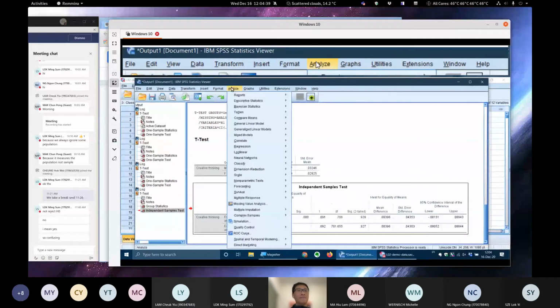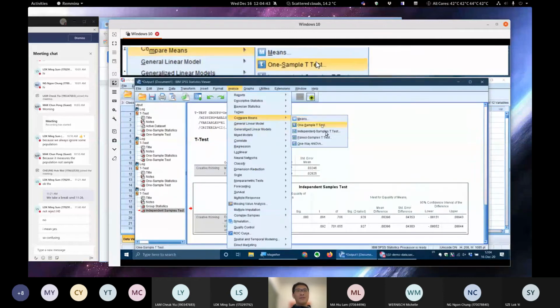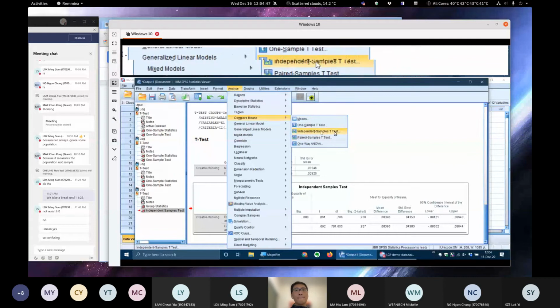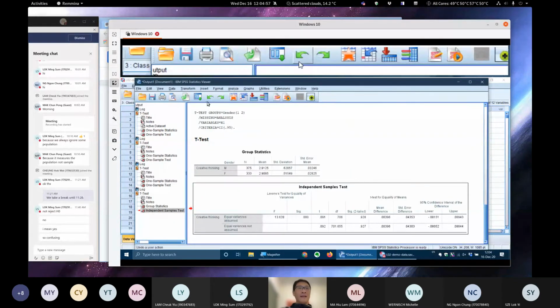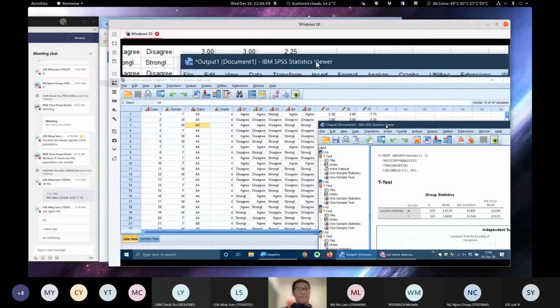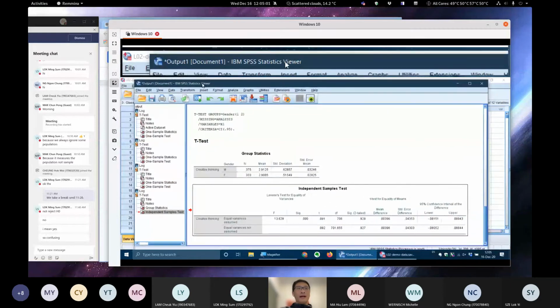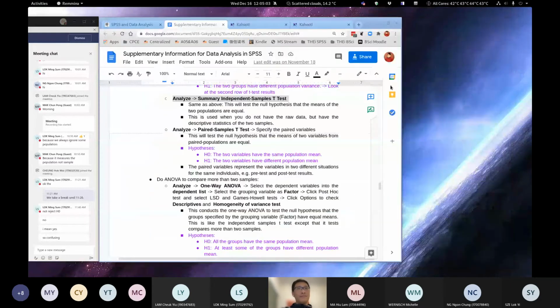In SPSS, you click Analyze, Compare Means, and then you get, oh, the menu is gone. Okay, don't worry about it. In this version, we don't even have that option, so let's forget that. Now we talk about the next one, the paired sample t-test.